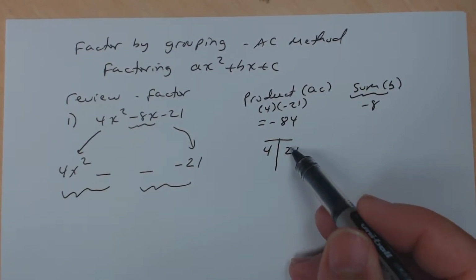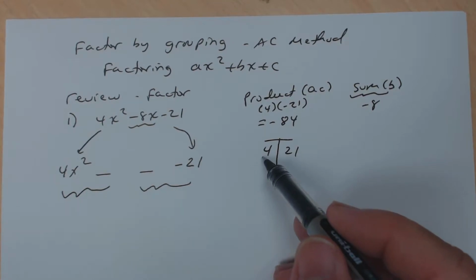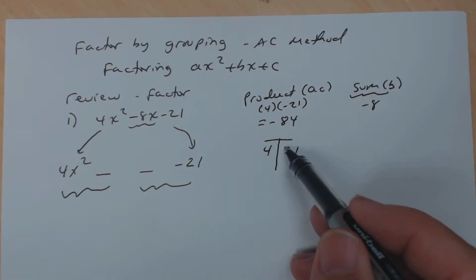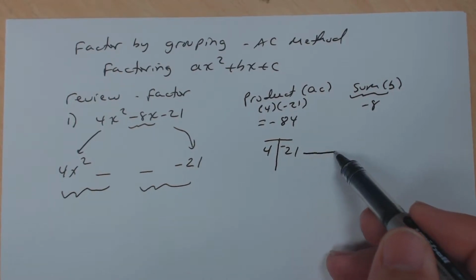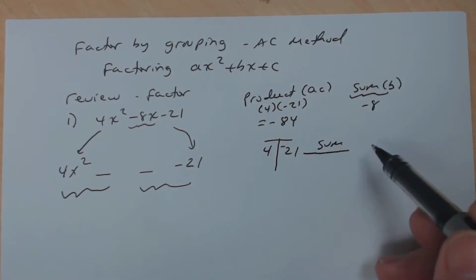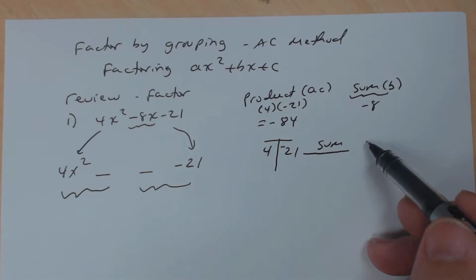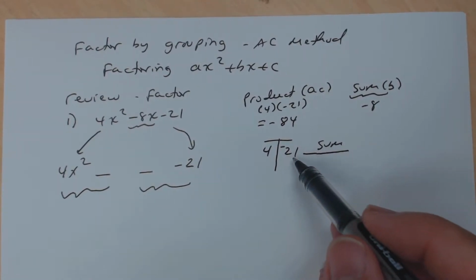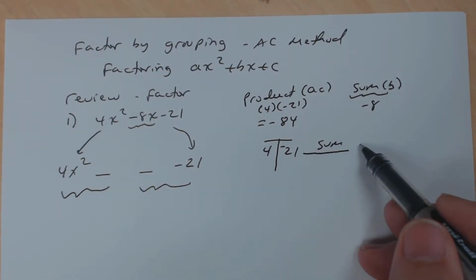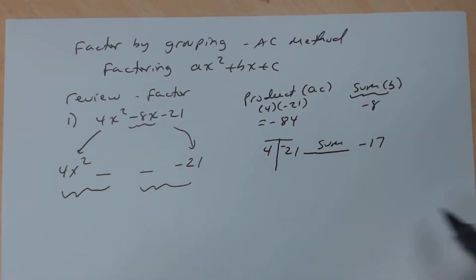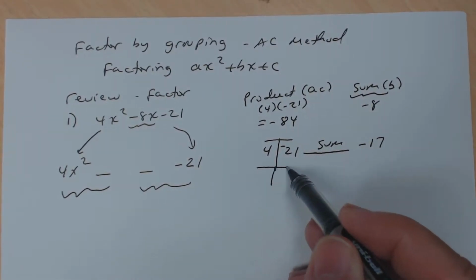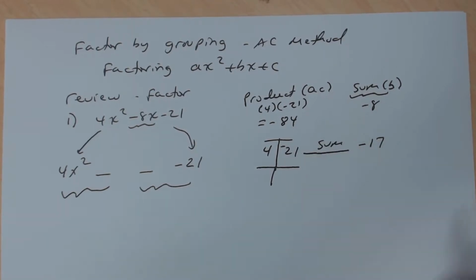The absolute value of 21 is larger than that of 4, so 21 is the one that's going to be negative. When I add them up, I do get a negative sum, but it's not the one I want, because 4 plus negative 21 is negative 17, and I need negative 8.